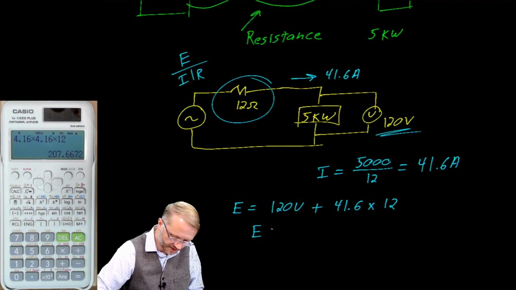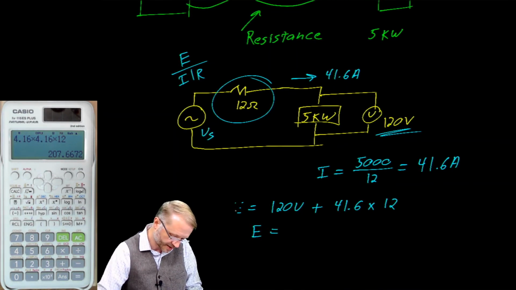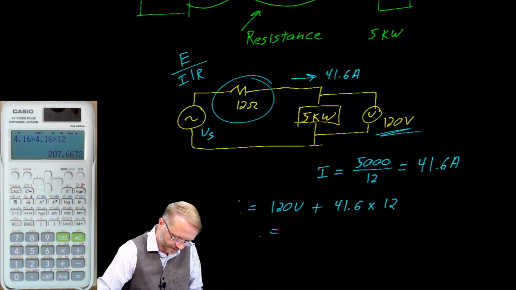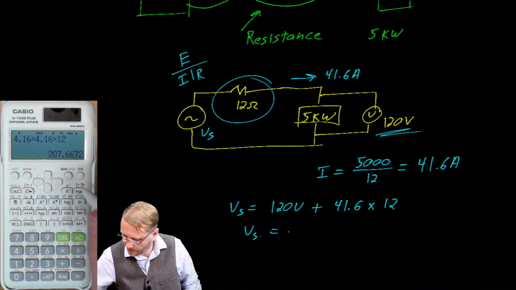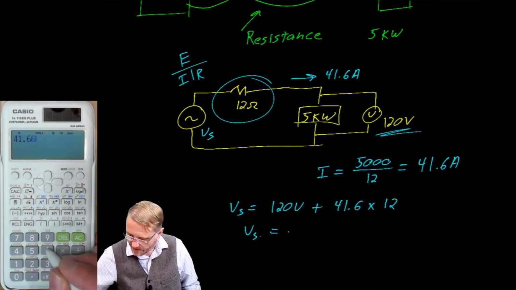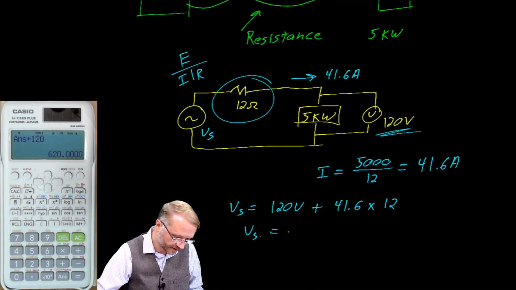So the voltage as measured at the generator, in fact, maybe we should change this, we'll call that the source voltage. So Vs is equal to 41.6 times 12 plus 120. So we need about 620 volts out there.